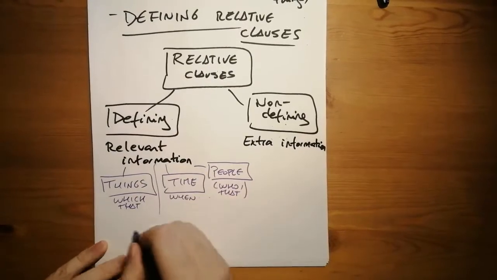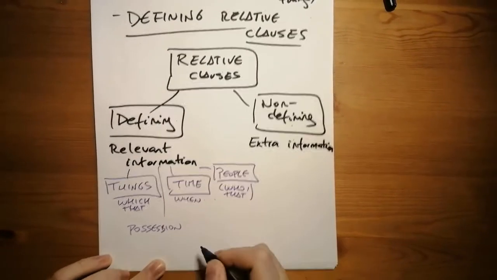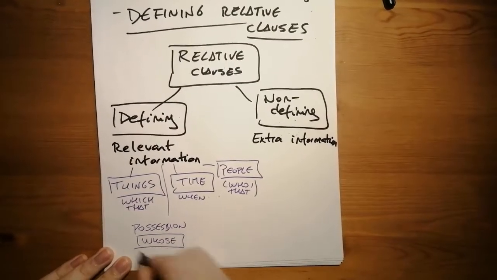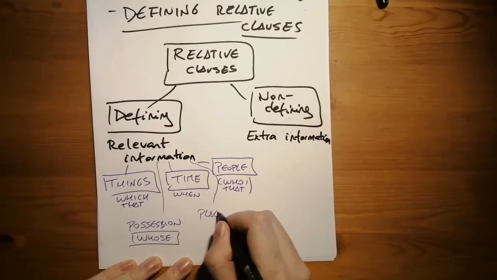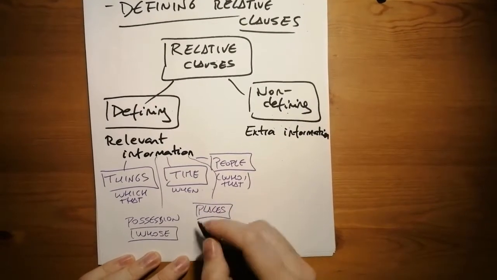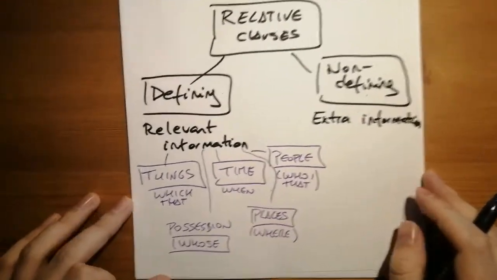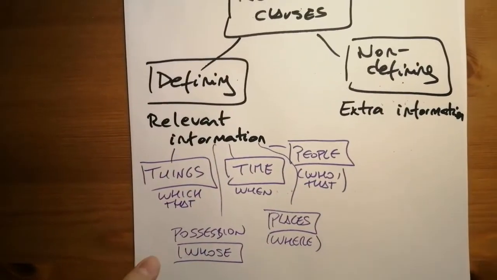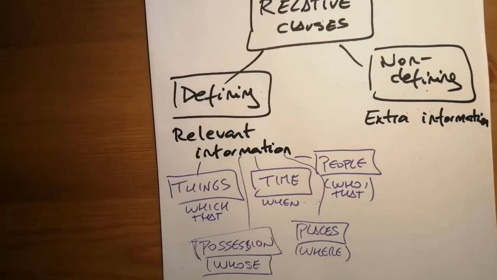To speak about possession, then we use whose, cuyo actually, and places. Especially, in the book we have also reason and everything, but especially those 5, okay? Things, time, people, possession, and places.